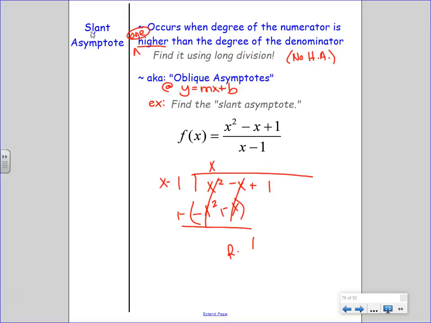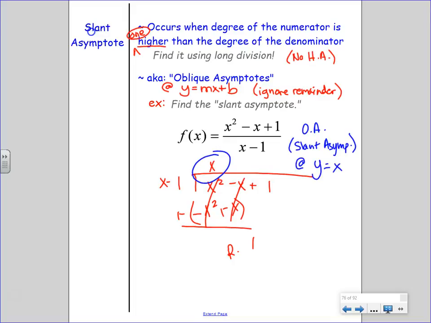But when we find a slant asymptote, we ignore the remainder. We ignore it altogether. And we just say, hey, there's going to be, we could call it an OA, an oblique asymptote, or we could call it a slant asymptote at y equals, and we just steal the answer.